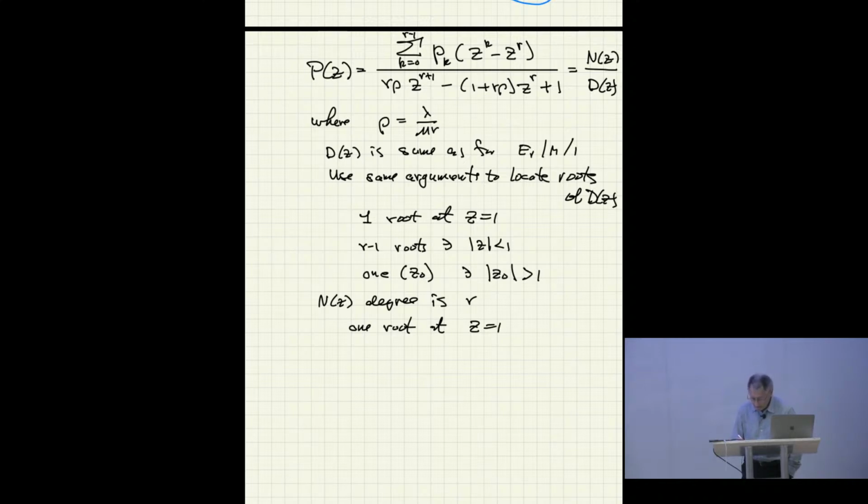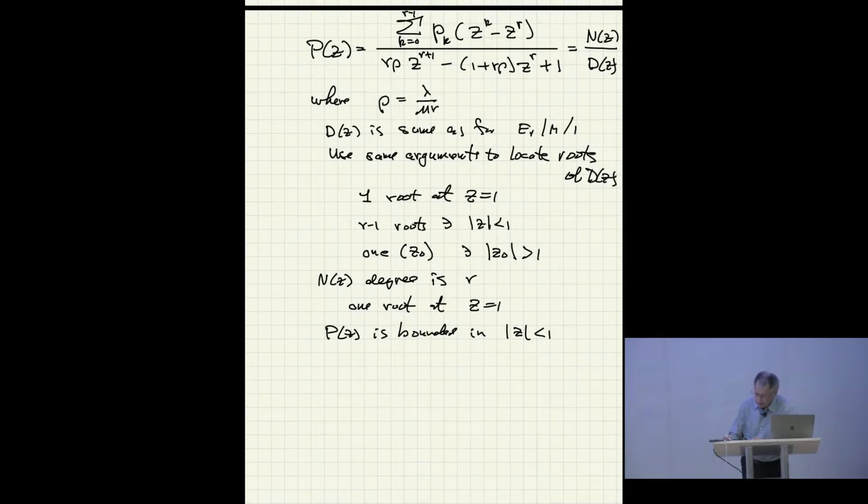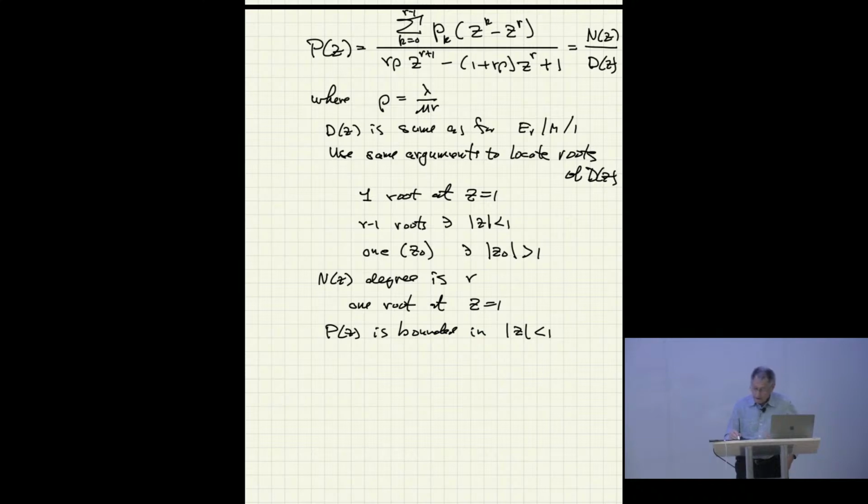But remember, P of z is bounded in the region where the absolute value of z is less than 1. And remember, there's these nasty guys.